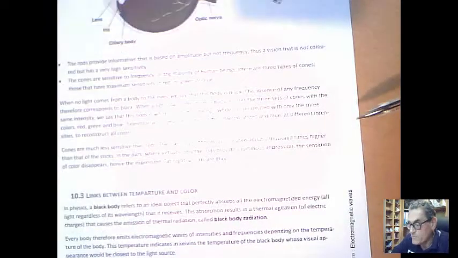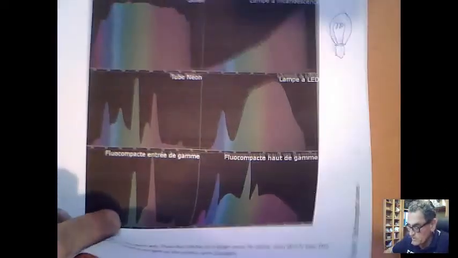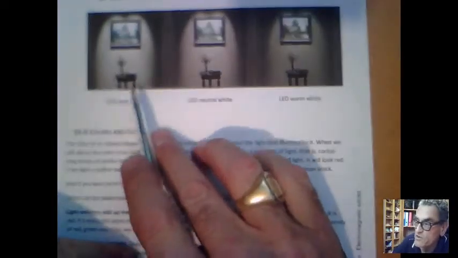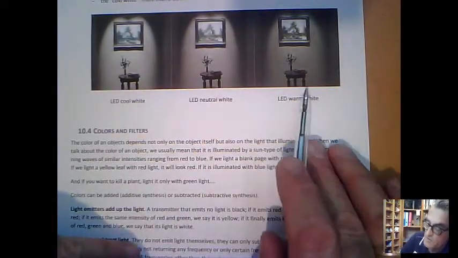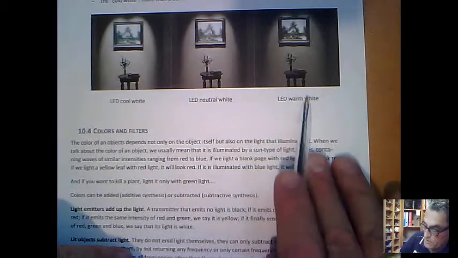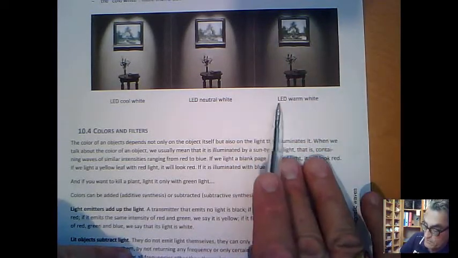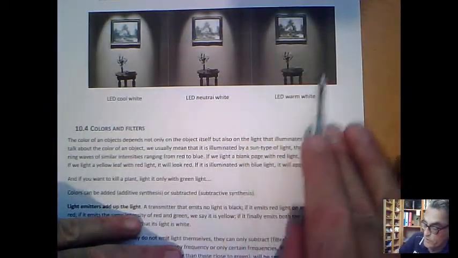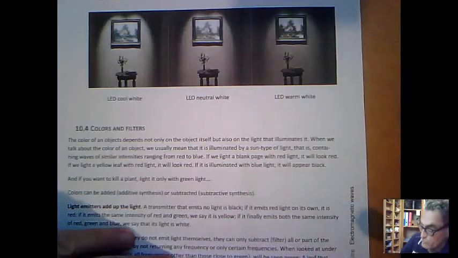And you have examples. You have an example somewhere further in the course. Of course, this is an image I copied and then I printed, so the colors are not really good. But you see, if you buy a warm white LED, it's going to contain more red, it's going to look more warm inside.